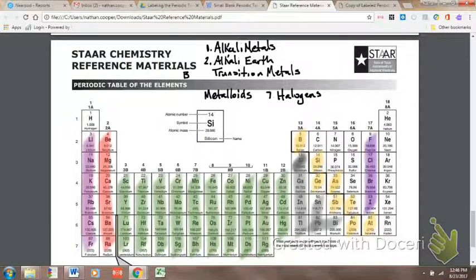In the family right to the right of it, the last vertical column on the periodic table, is column 18 or group 8A. And those are the noble gases.